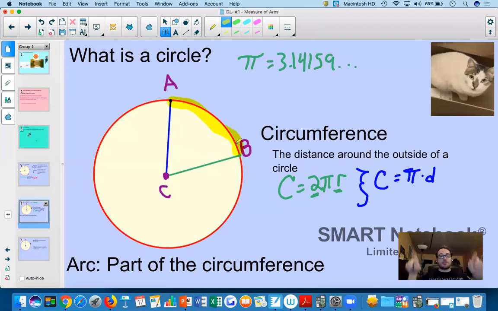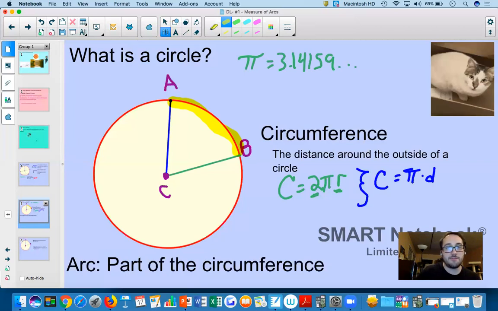So this entire circle, circle C, we name circles by the center, is kind of like a pizza. The circumference is like the crust of a pizza. If you took a slice of that pizza, so this little wedge ACB, that crust would be considered an arc, okay?